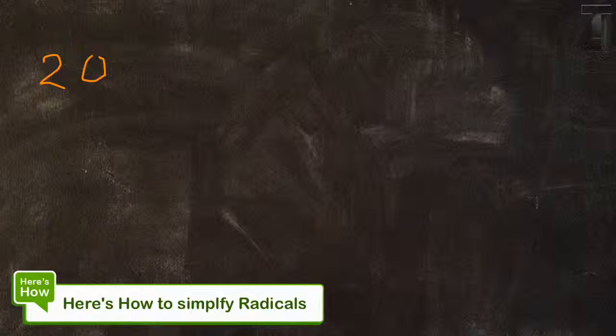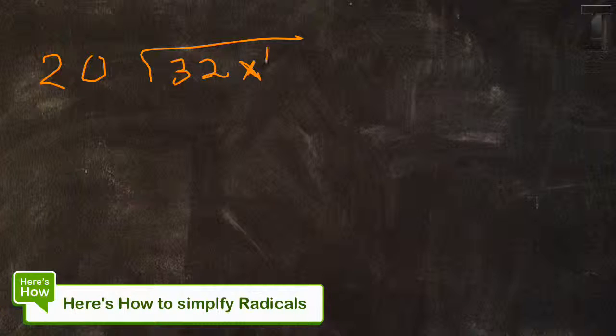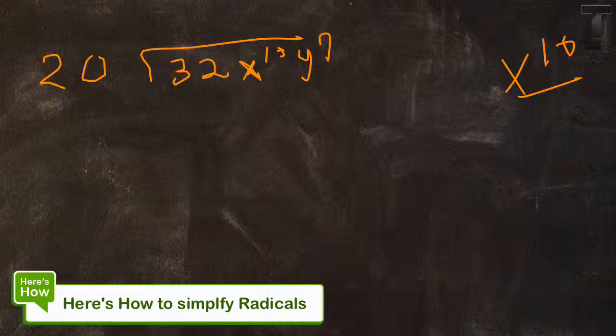If you look at number 20, you have root 32 x to the 10th y to the 7th. Anytime you have x to the 10th, we want to take the square root. All you do is divide it by 2 to tell you what would be outside the radical, which would be x to the 5th. Okay? So now let's break down the number.